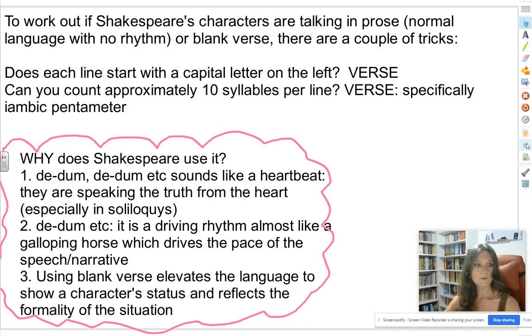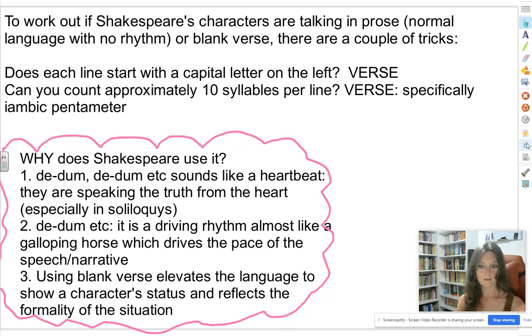A little bit more detail about that. Sometimes if you're in the exam situation, you think, I know it's really important to be able to say, is it prose, like normal talk, or is it blank verse? How am I going to tell the difference? So there are a couple of tricks that you can do.